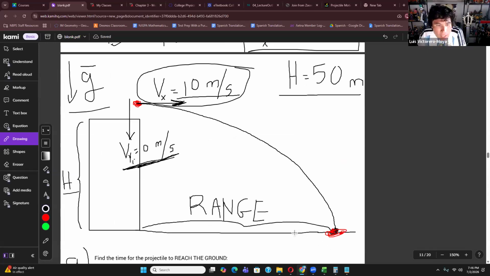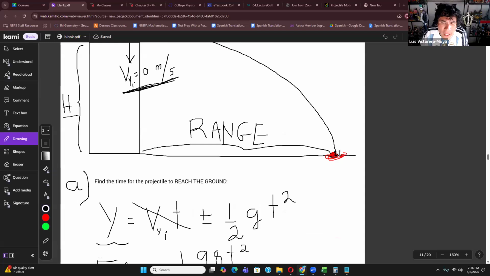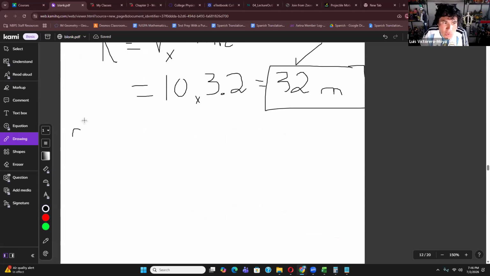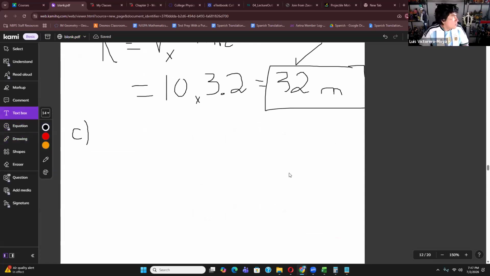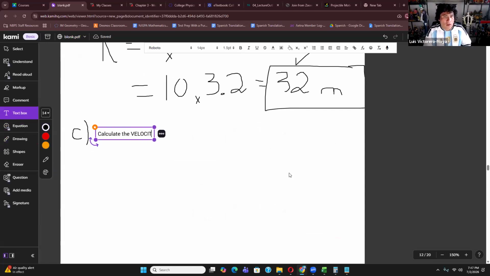Let's give you a sort of a challenge right now. What will be the velocity of the projectile when it reaches the ground? So it's a bit more challenging. So calculate the velocity of the projectile when it reaches the ground.